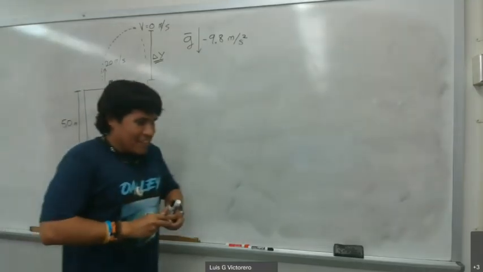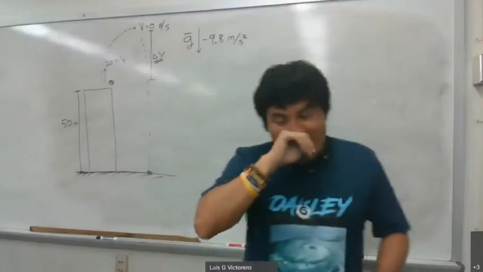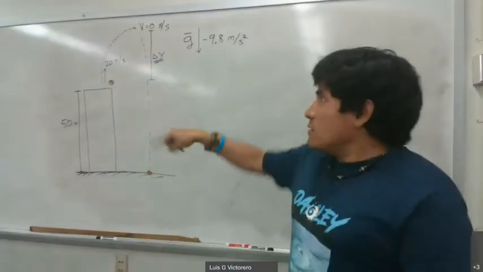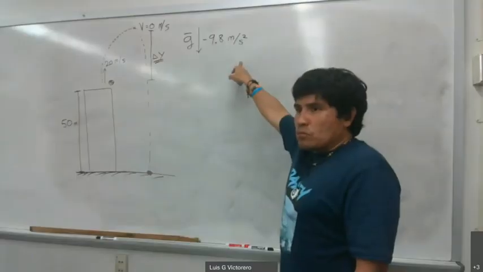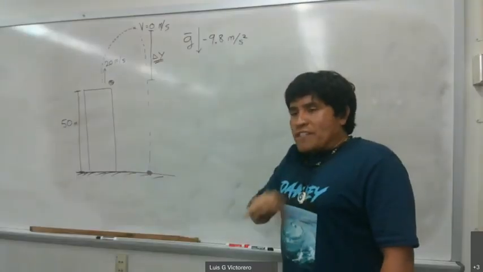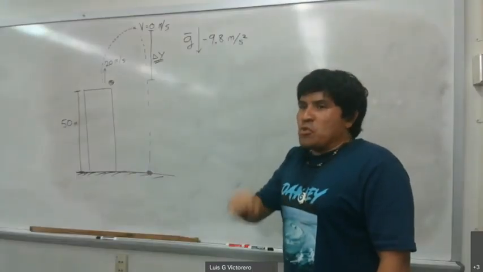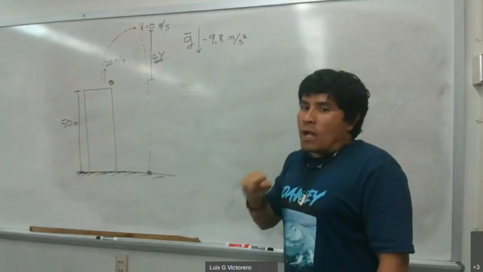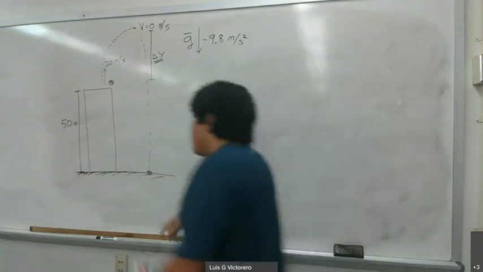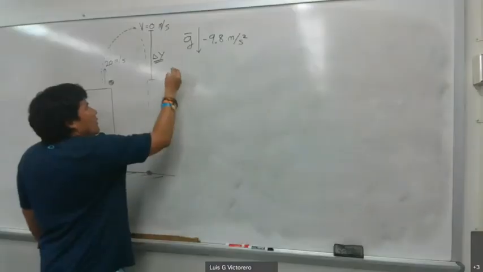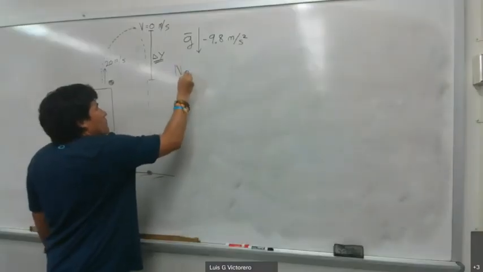So I have final speed 0, initial 20, and I have gravity. Which is the equation that you must always look at whenever you are not given time? This one. No time, no problem.